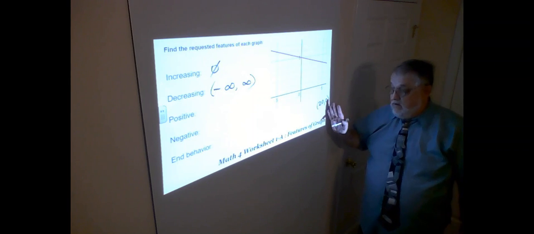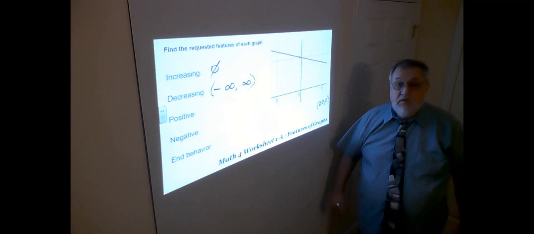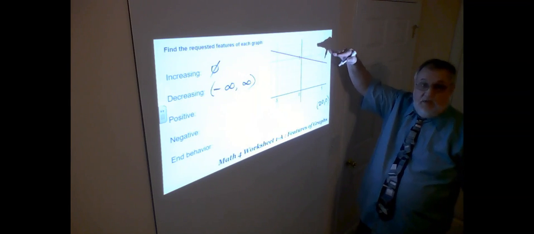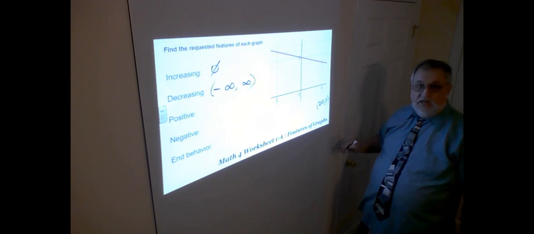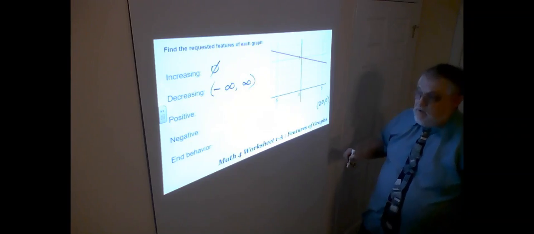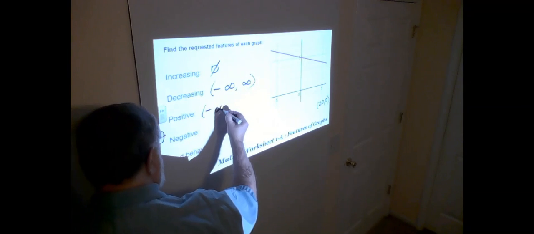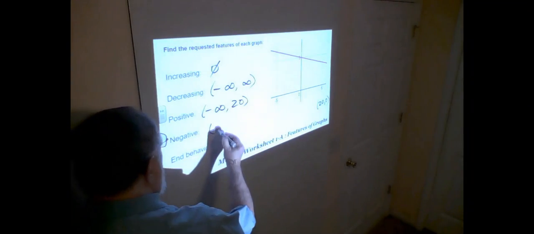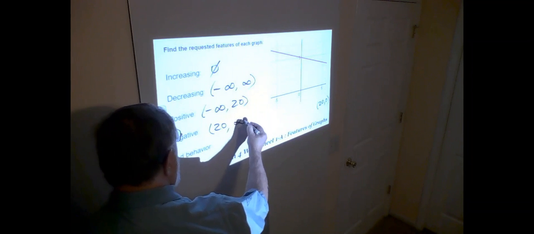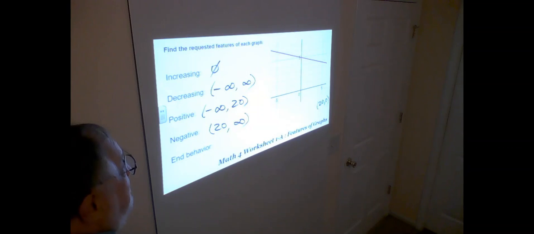So anything to the left of 20 is going to be positive, it's going to be up here, but anything after the point 20, 0 is going to be below the x-axis, and it's going to be negative. So our positive is going to be from negative infinity up through where x is 20, and then our negative is going to be 20 all the way to positive infinity.